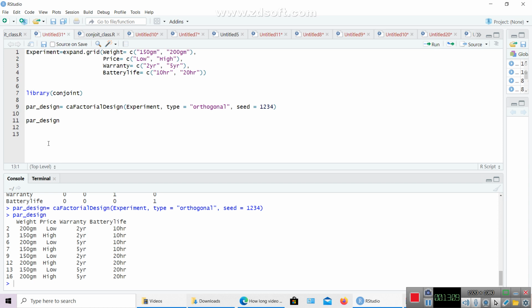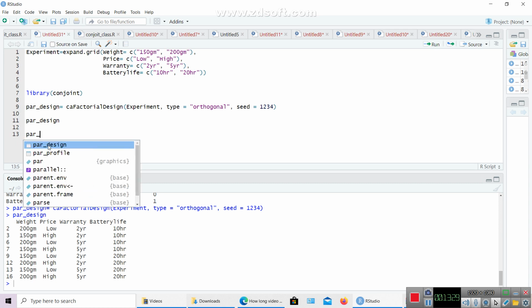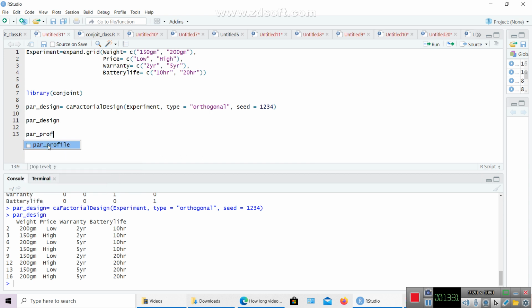Now, since my experiment is set up, I have to create one other object, which is the encoded matrix of this partial design. So I can do that. Partial profile, okay, and CA encoded design for my partial design experiment.